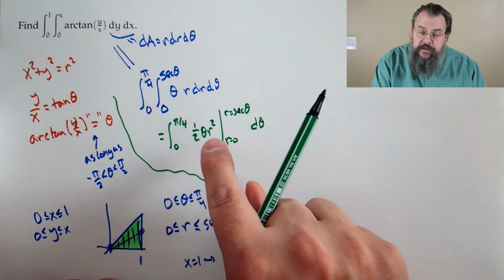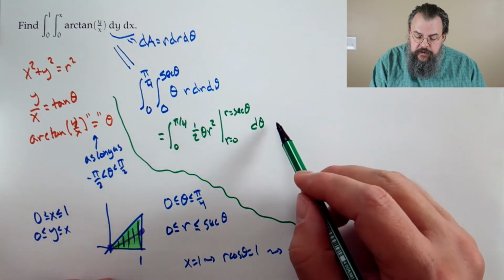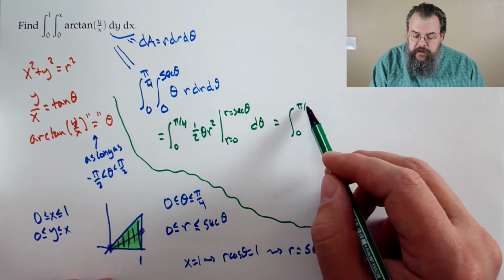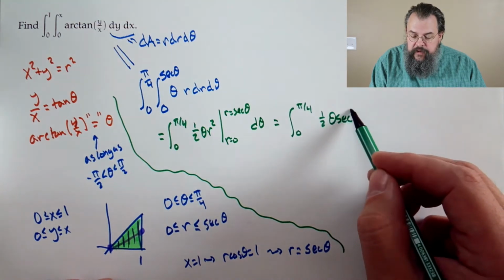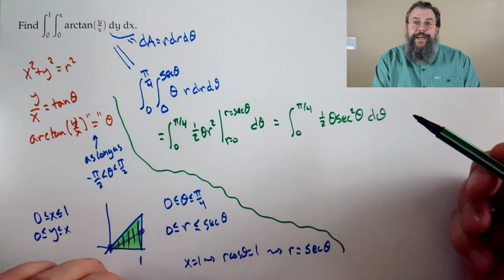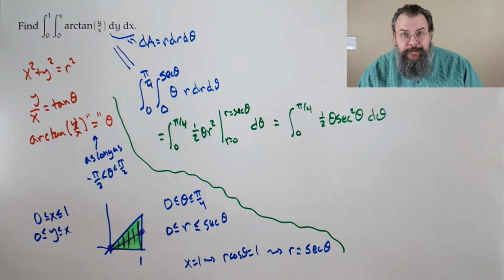Plug in 0, you get 0. Plug in secant theta, you get secant squared. So the integral from 0 to pi over 4 of 1/2 secant squared theta d theta. Great, woohoo! Nice. Now, where do we go from here?